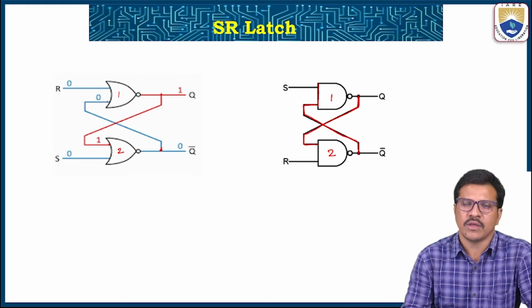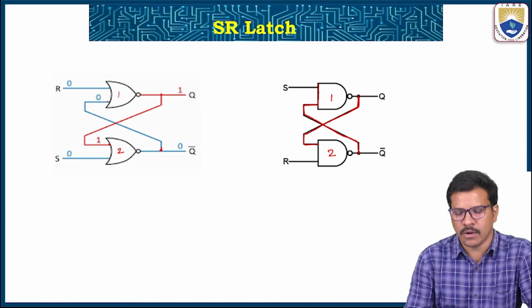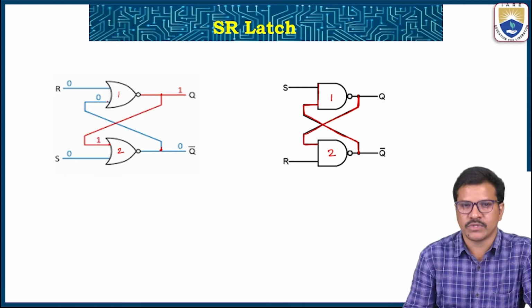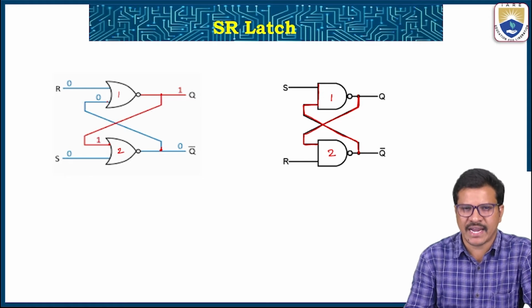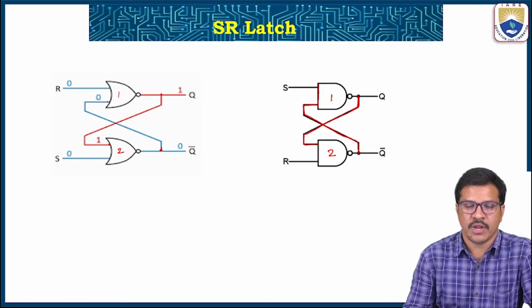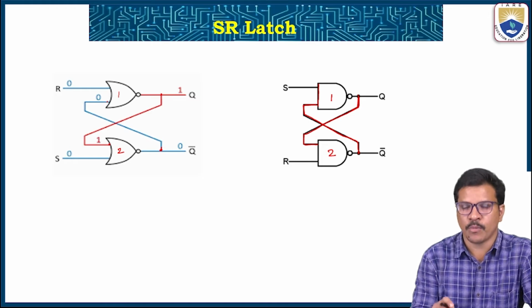Whenever the outputs are not complementary to each other, the state is forbidden, and that particular output is not considered. So remember that a latch has two outputs which are complementary to each other, but for the sake of understanding the memory, we can consider the primary output Q. The complementary output we don't consider.